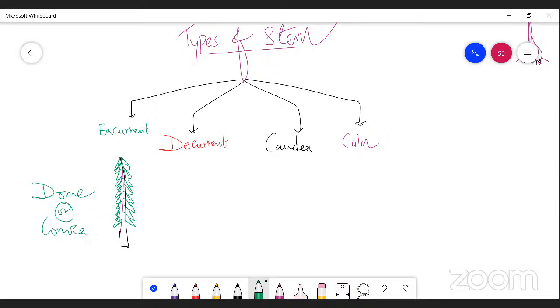This type of stem is found in the case of Monoon longifolium.